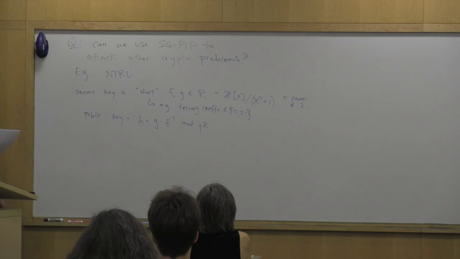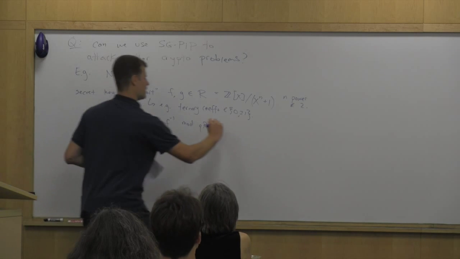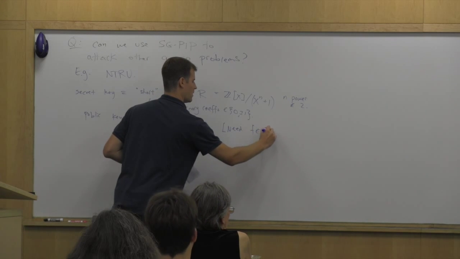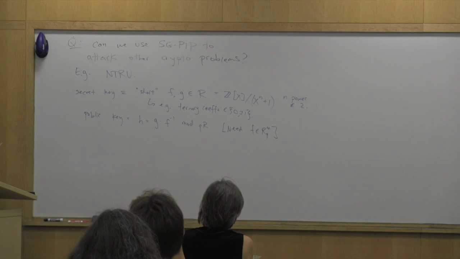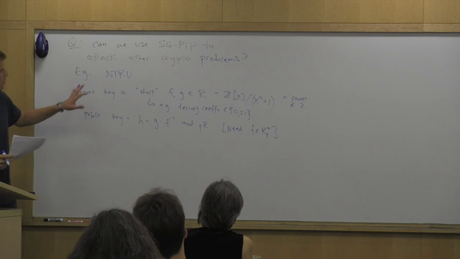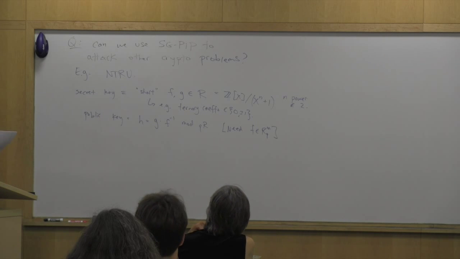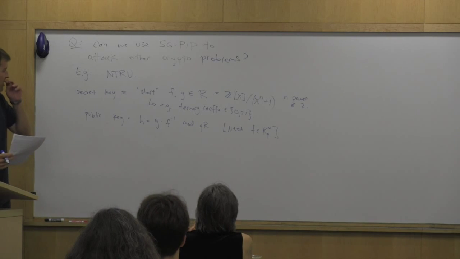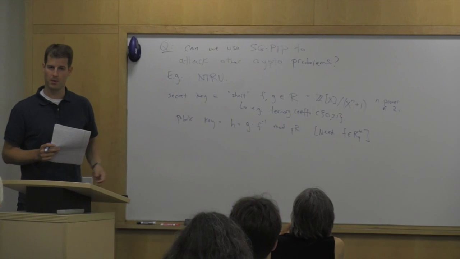That's an additional constraint on the secret key, but that's easy to obtain. So I won't even show you the encryption and decryption algorithms. You can look them up in any number of sources. But what we'll be concerned with is the problem of recovering the secret key from the public key.